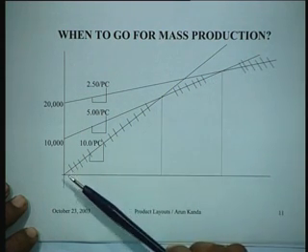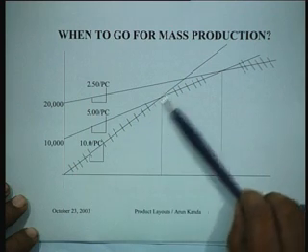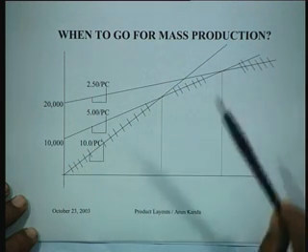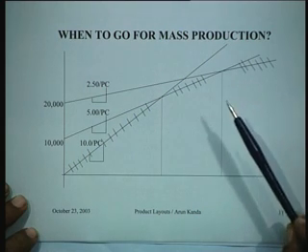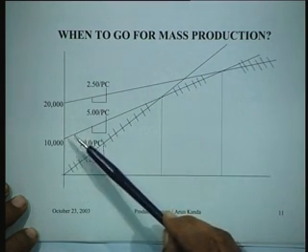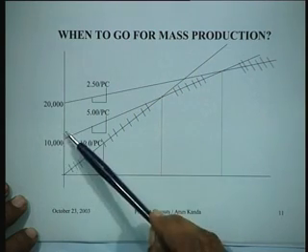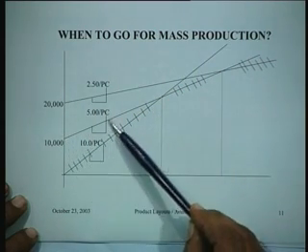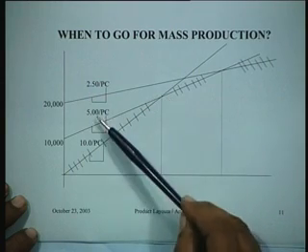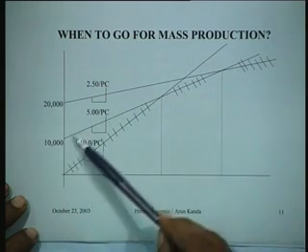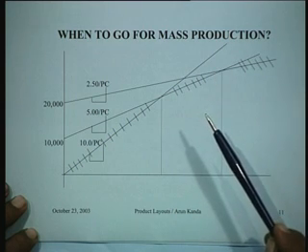We can either purchase the part that we are interested in making for 10 rupees a piece and just keep buying it. Or we can invest 10,000 rupees and set up some general purpose machines or individual stations, as the case may be, and then we'll be able to make a part on our own for 5 rupees a piece, and the total cost, the fixed costs and the variable costs, will be of this nature.